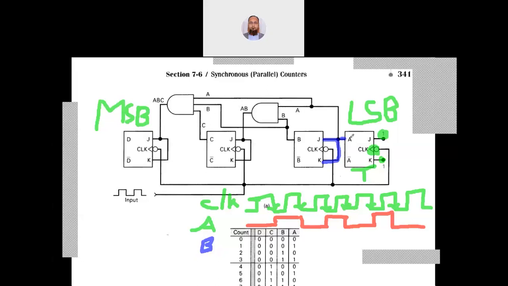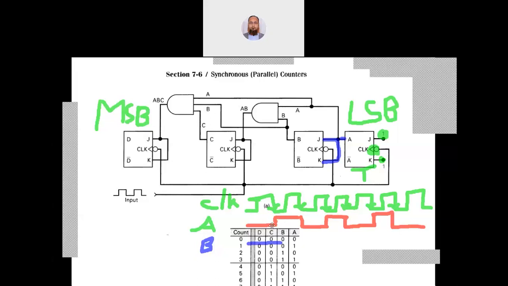When A is high, only at that time the input B will change. So what we can see from here is that B will be 0. Now A is high, but B will not change here. Why?